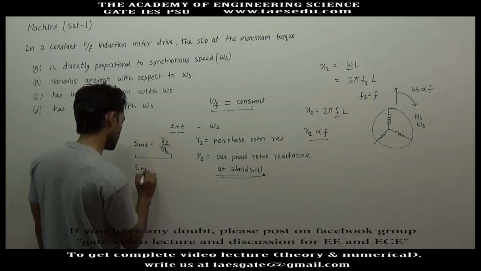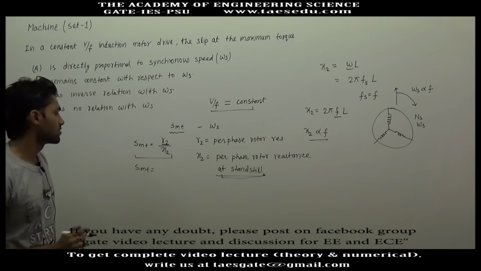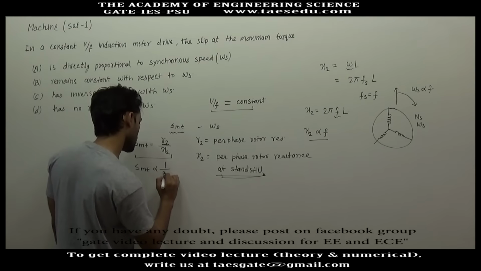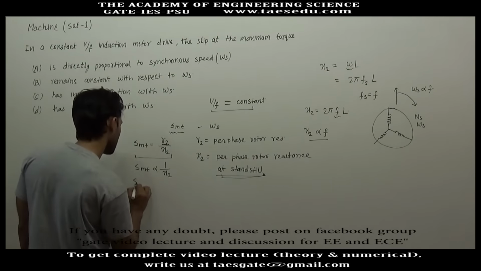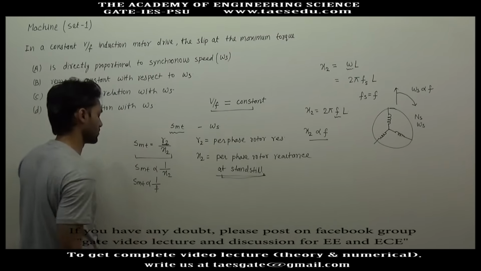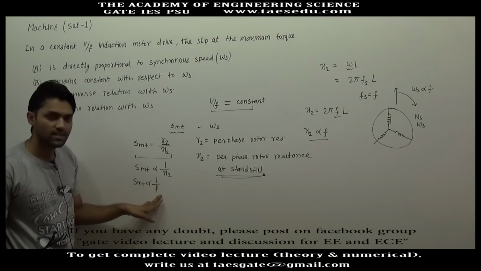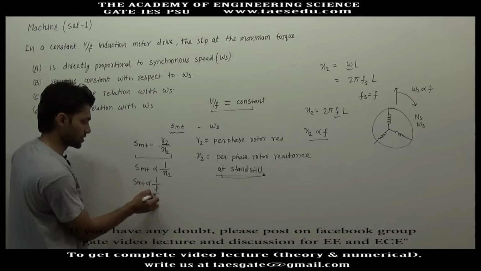R2 is a constant, R2 has nothing to do with the supply frequency. So we can say that SMT is inversely proportional to X2, and X2 is directly proportional to supply frequency. So SMT is inversely proportional to frequency.